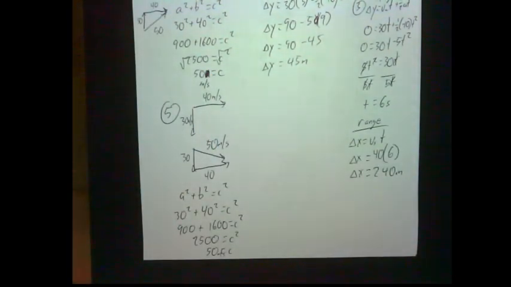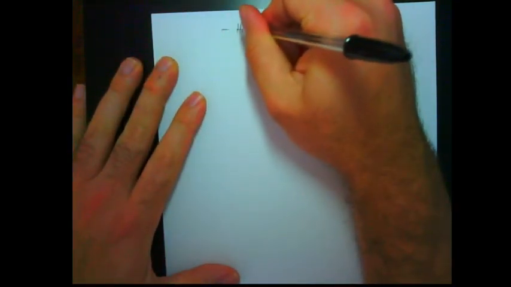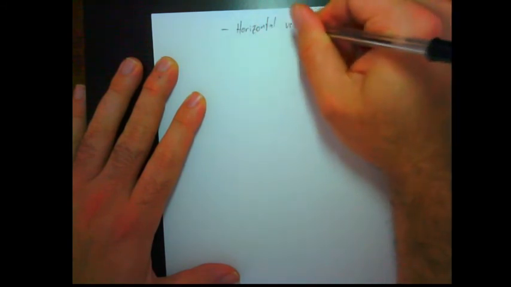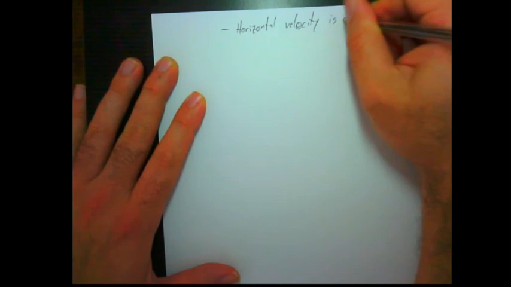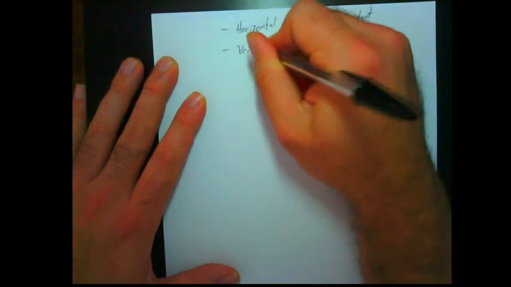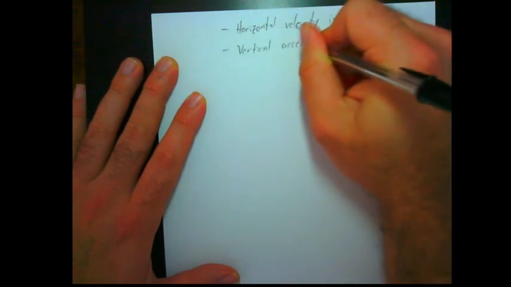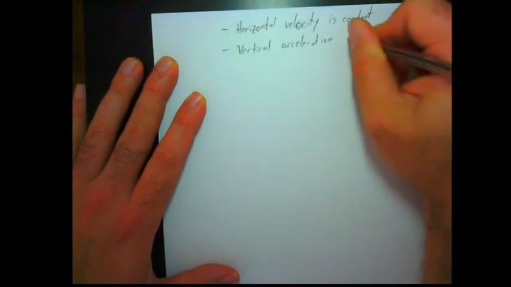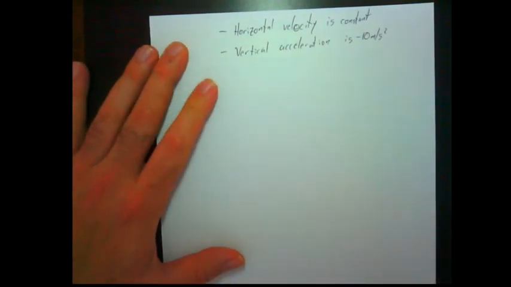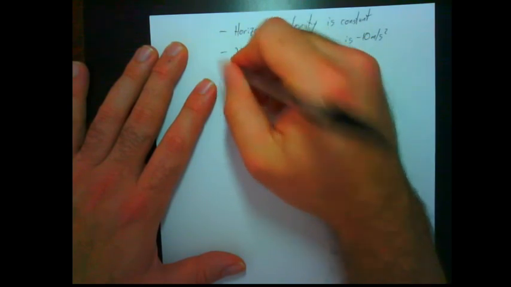All right, so at this point, what should we know? Sum it up. Horizontal velocity is constant. Vertical acceleration is -10 meters per second squared because of gravitational force.